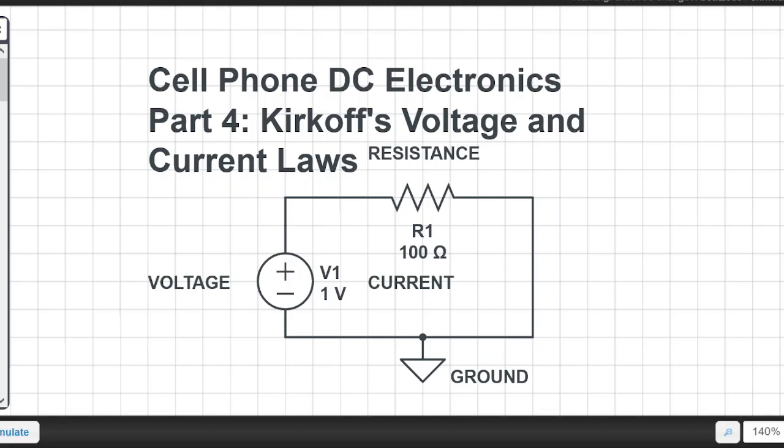And those resistors are dissipating some of the power as they do it. Each resistor has a role in it, and the bigger role it has depends on the size of the resistor. So if R1 is 100 ohms, there might be an R2 that's 1,000 ohms.